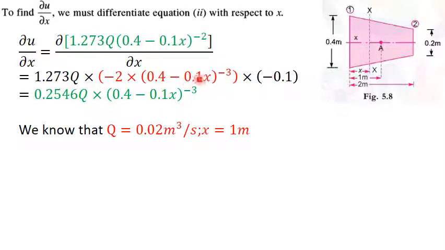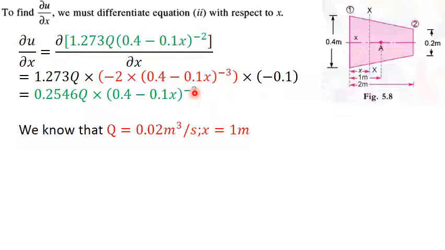And minus 0.1x is differentiated to get minus 0.1. So finally it comes to 0.2546 Q into (0.4 minus 0.1 into x) the whole raised to minus 3.